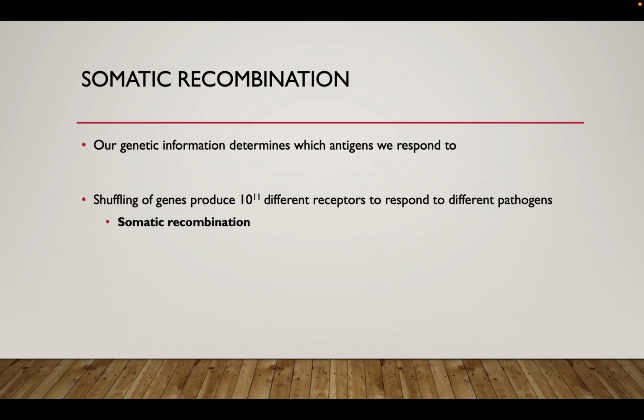So we have our genetic information stored in our DNA, and this genetic information will go to RNA, and then this RNA will ultimately make proteins, and our surface receptors are different types of proteins, right? So the way we get all of this combination of different types of protein receptors that will respond to different antigens is we do something called somatic recombination.